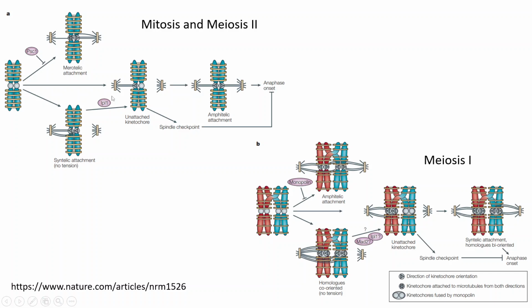These are not what we want for mitosis and meiosis 2, because that would lead to ploidy issues, that would lead to aneuploidy. So you have PSC1, which inhibits merotelic attachment, and you have IPL1, which makes sure that syntelic attachment and the unattached kinetochore situation do not happen.